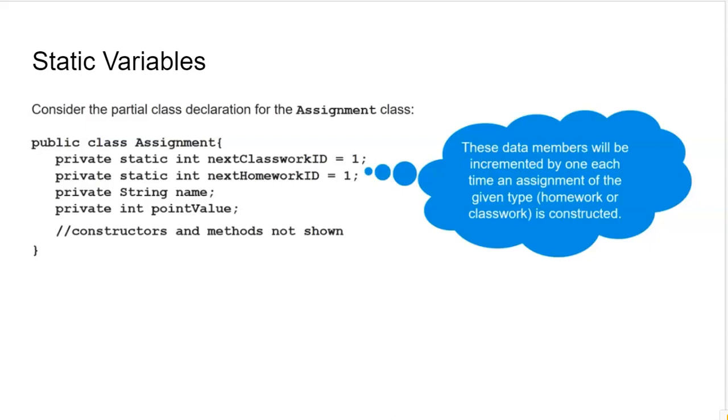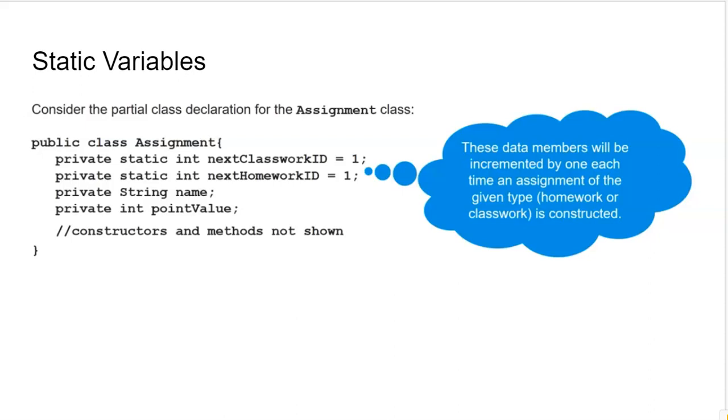But then there are also these two static variables. One of them is next classwork ID, and the other one is next homework ID. The way these would work is that every time I make a classwork assignment, I'm going to add 1 to the next classwork ID, so that the next time I make a classwork assignment, it would have an ID of 2 instead of 1.